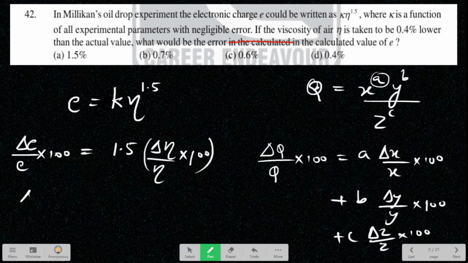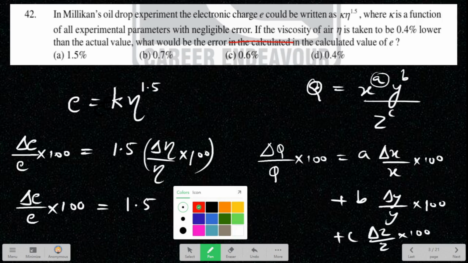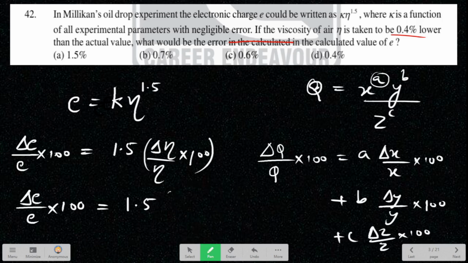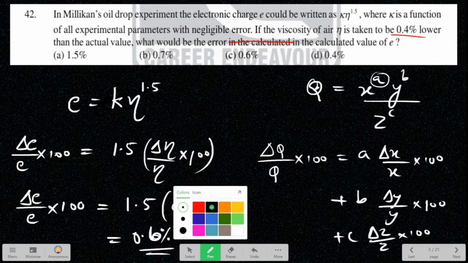So we need to find percentage error in E. So delta E by E into 100, this is the percentage error in E. This is equal to 1.5 into percentage error in eta, which is 0.4 percentage. So you put it here, 1.5 into 0.4 percentage is equal to 0.6 percentage. So the correct answer here is option C.